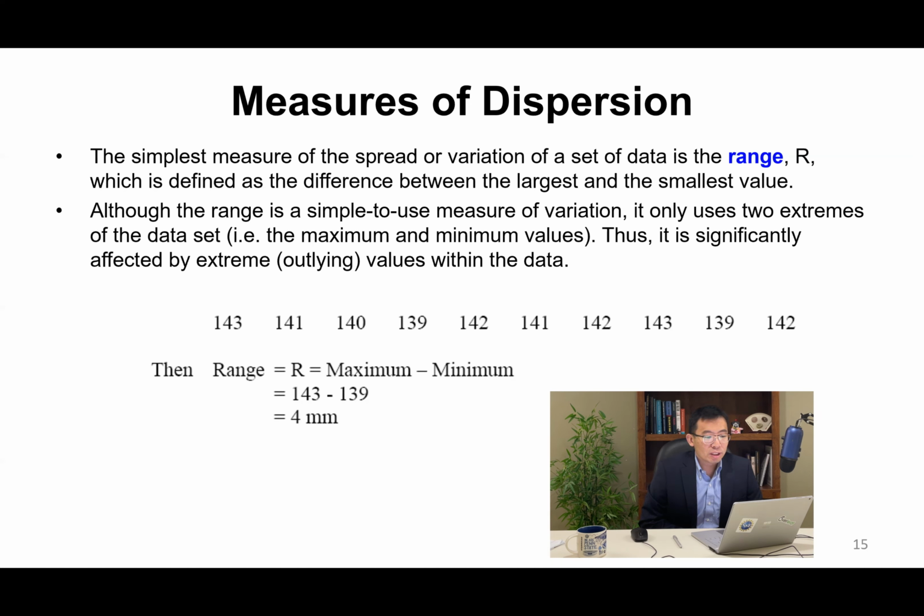Although the range is a simple measure of variation, it only uses two extremes of the data set, the maximum and the minimum values. Thus, it is significantly affected by extreme values or outliers within the data. So in this case, we have the maximum 143 and the minimum 139. We take the difference, it's 4 millimeters.